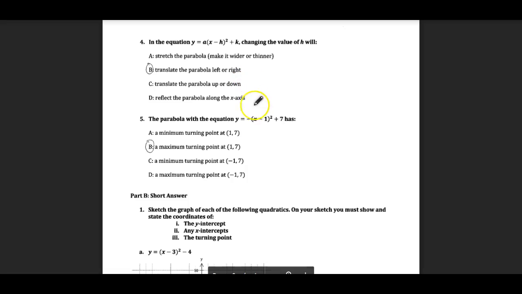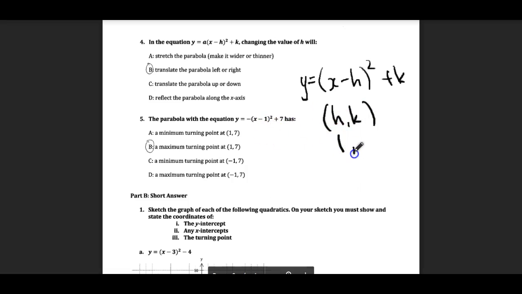The parabola with the equation y equals negative x minus 1 squared plus 7 has, so your turning point, when we have it in turning point form, and again I haven't written the a, our turning point is just at h, k. So here our value of h is 1 and our value of k is 7. So it has a turning point at 1, 7. And this negative means it's an upside down parabola. So your turning point has to be a maximum.